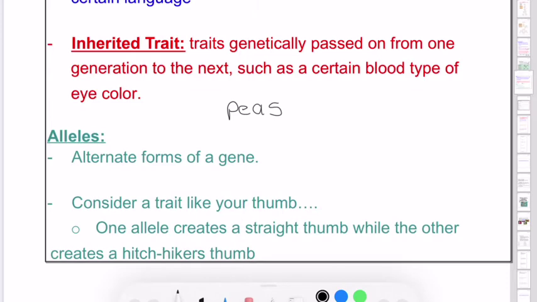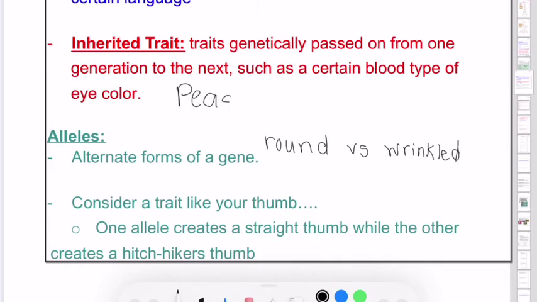So if we're talking about round versus wrinkled, then we would use different letters to identify it, and those letters are considered alleles.